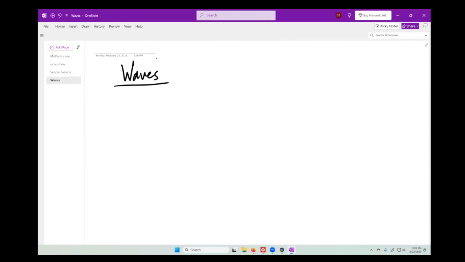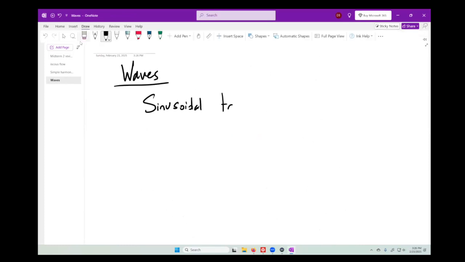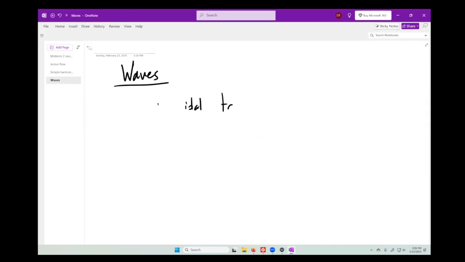So we started off talking about the example of traveling waves, and specifically sinusoidal. Actually, let me take a step back. Before we zero in on sinusoidal waves, let's just talk about traveling waves in general.